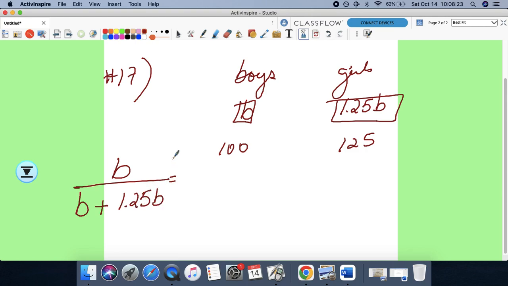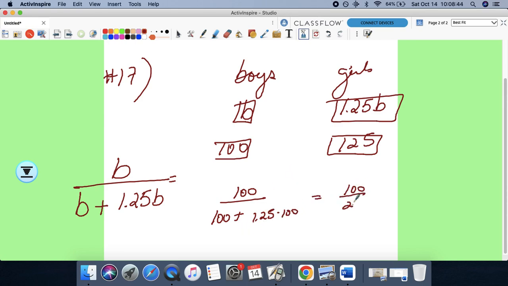Now, if you leave it like that, let's just use the numbers 100 and 125 as an example. So B is 100, right, number of boys. 100, I'm using the formula 1.25B, 1.25 times 100, and that's going to be 100 over 225.